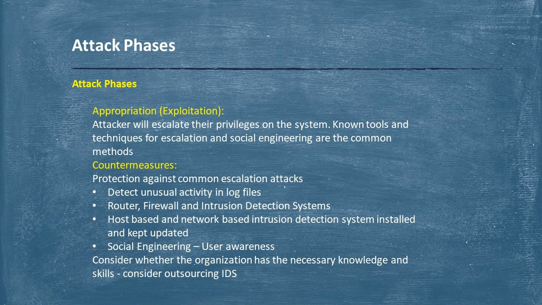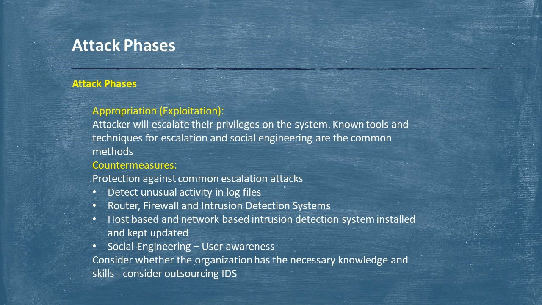Another important measure is user awareness. Make the user aware that such things may happen, and they should not give out confidential or any information to unknown persons calling over the phone or something like that. So consider whether the organization has the necessary knowledge and skills.